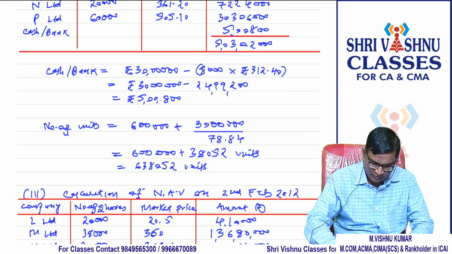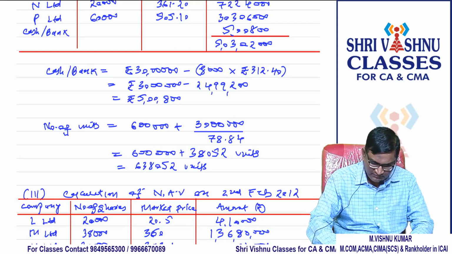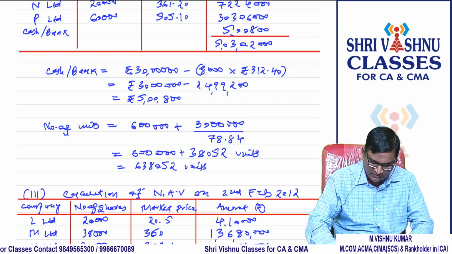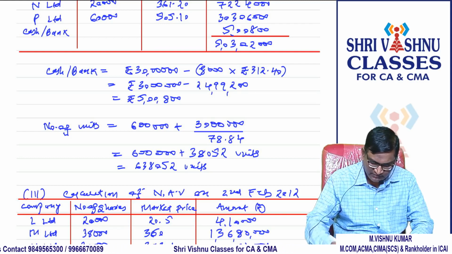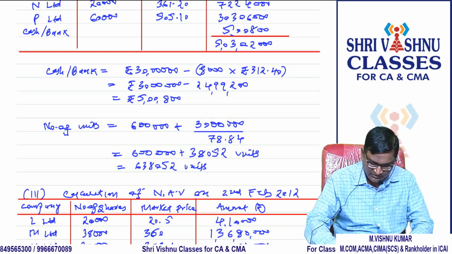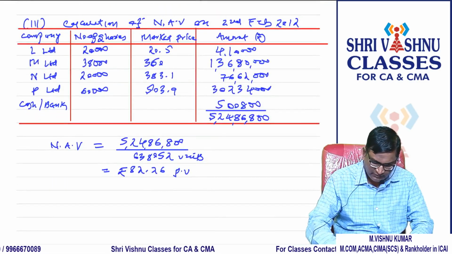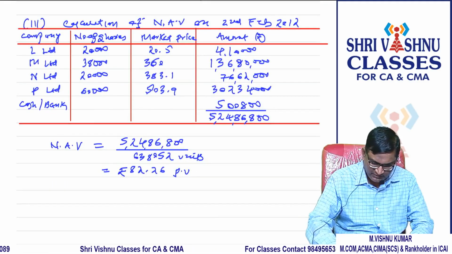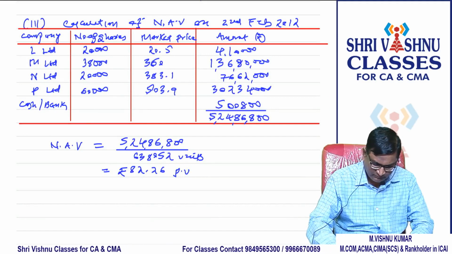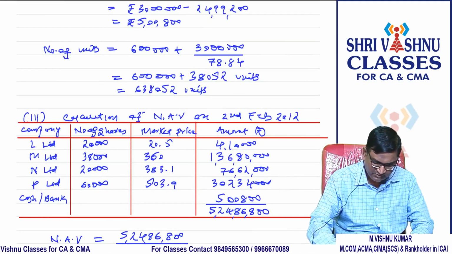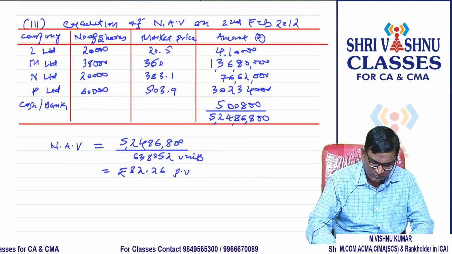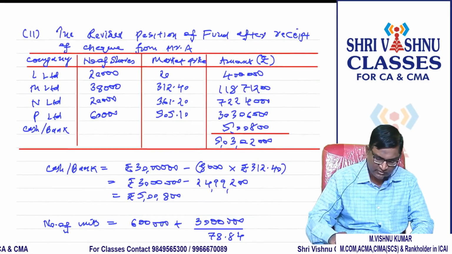After that, total number of units will be how much? Previously 6 lakhs, now 38,052 units the mutual fund company issued. Total 6,38,052. So when you calculate NAV on 2nd February, the number of units will not be 6 lakhs, it is 6,38,052. Increase has taken place. Understand? So accordingly we calculated.